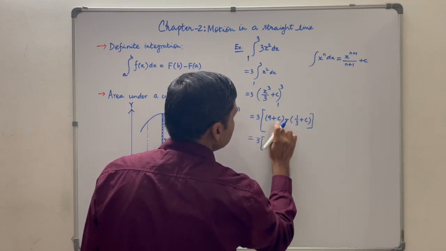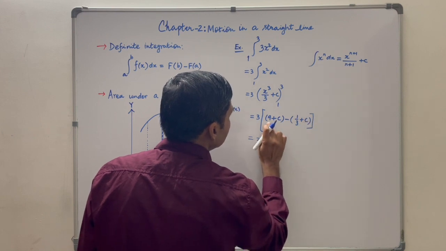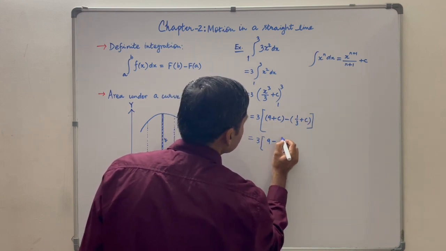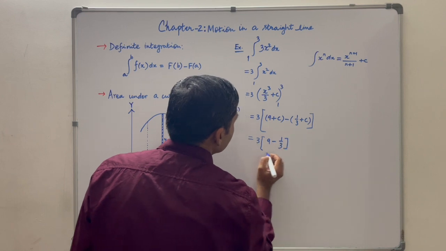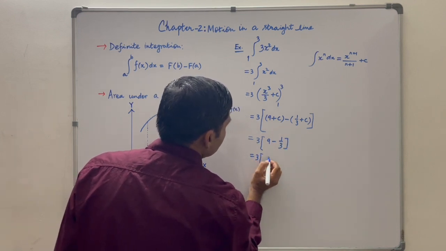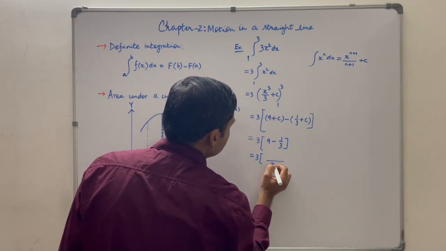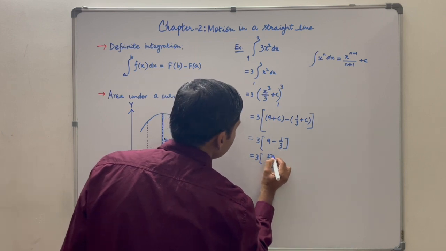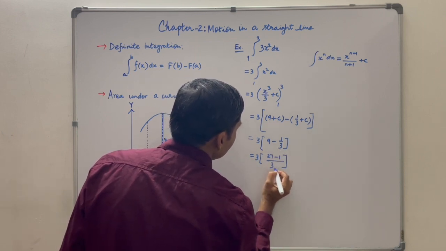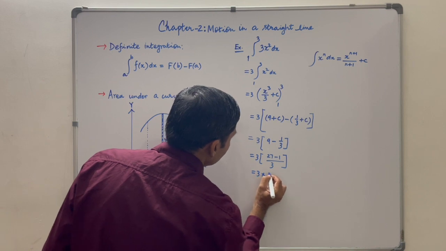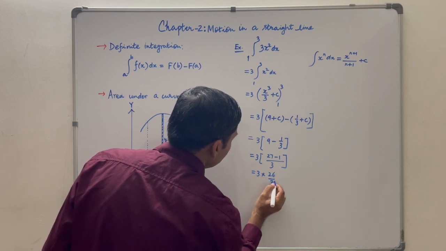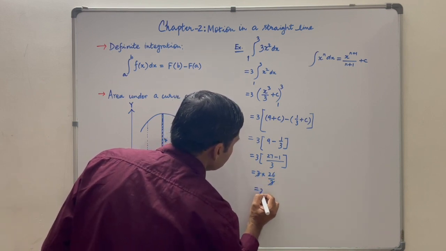So c and minus c get cancelled out. So it will be 9 minus 1 by 3. Take 3 as LCM, 3 nines are 27 minus 1, so it will be 3 into 26 upon 3, and that will be 26.